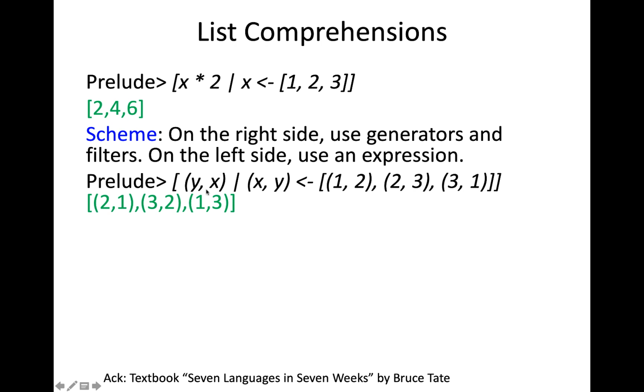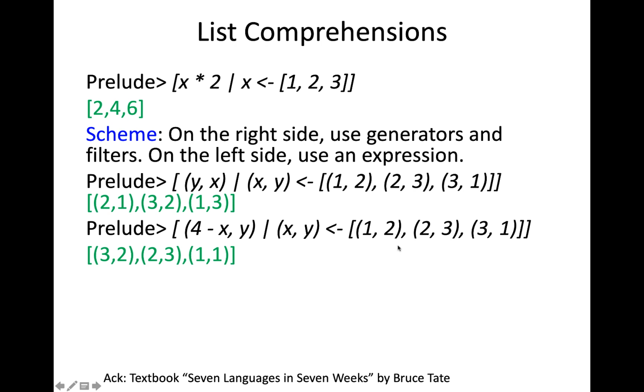And then in the expression we have reversed tuple y comma x, and that's why when XY is 1, 2, we generate 2, 1 here, and so on, right? We can also have a more complicated expression here. I think it's self-intuitive. After getting x and y, you can have 4 minus x, and y can remain the same.